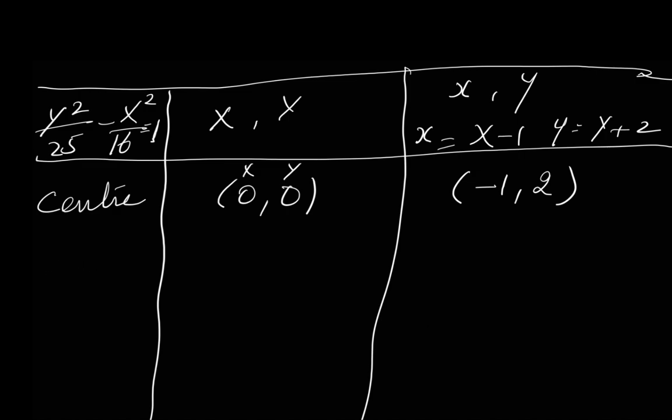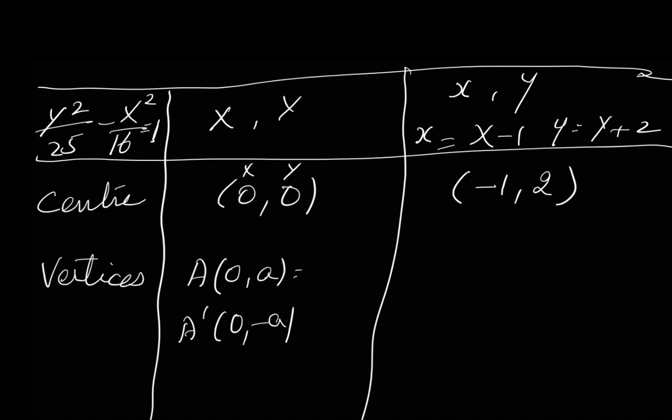Next is vertices. Two vertices here. First vertex is A, 0 comma A, and A dash 0 comma minus A. So what is the value of A here? 5. 0 comma 5. And A dash is 0 comma minus 5. So these two are vertices for the hyperbola in terms of capital X and capital Y. And for small x and small y, A is here.